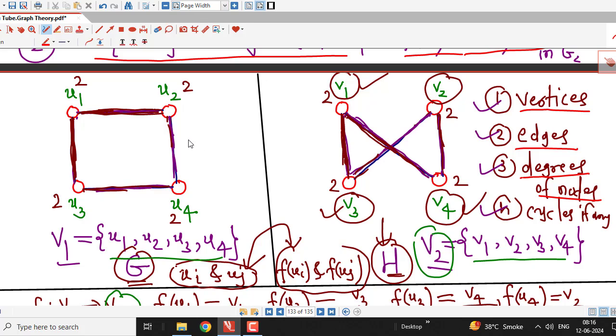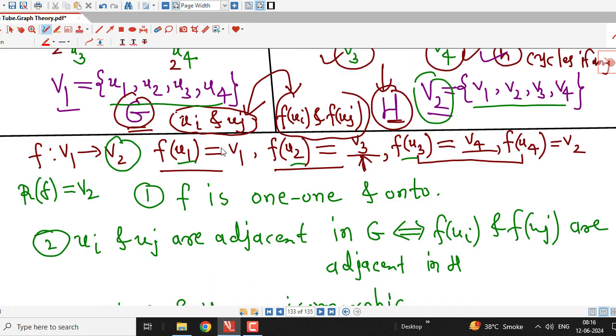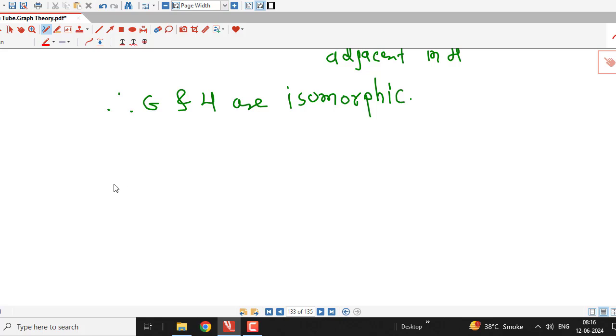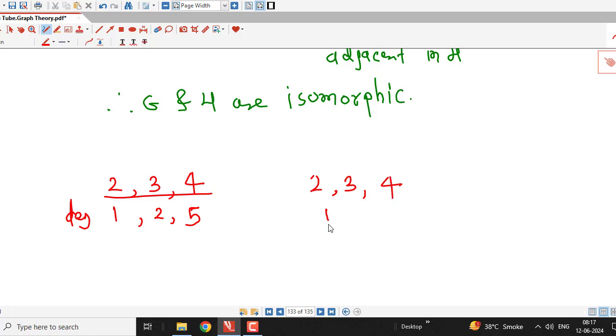In other words, suppose one graph has two vertices of degree 1, three vertices of degree 2 and five vertices of degree 4, then in another graph also we must have the same structure.